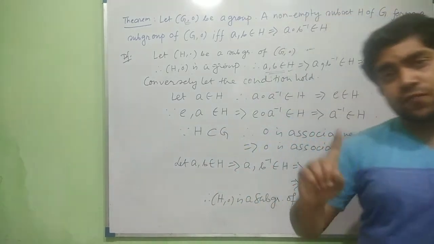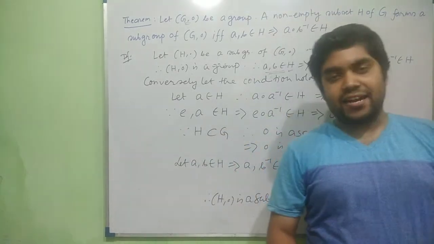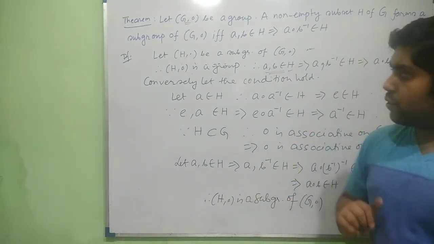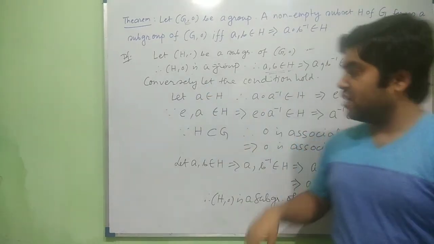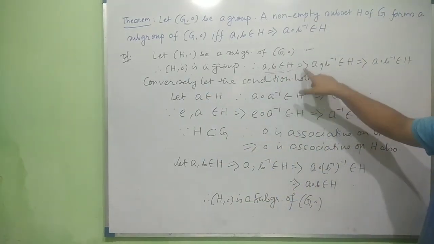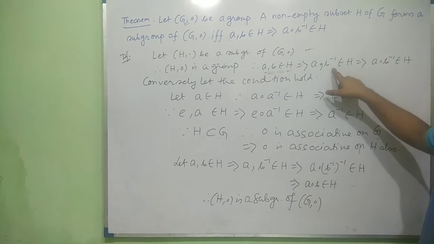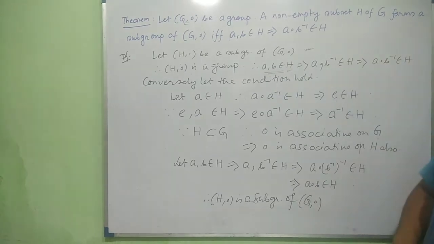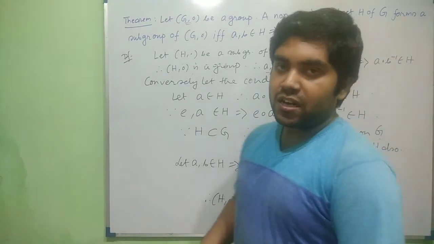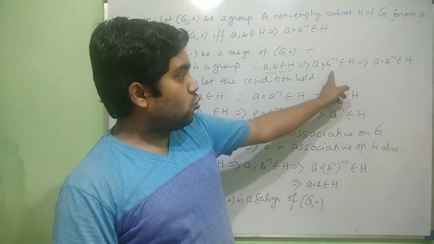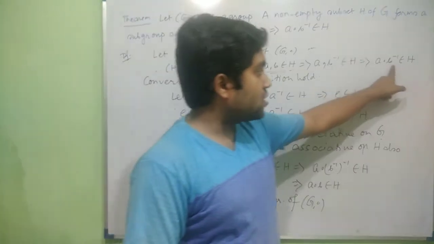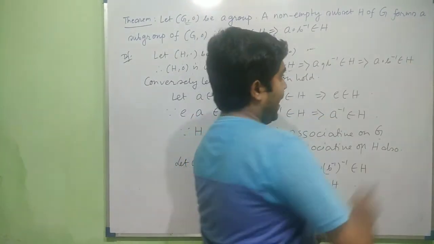Since the inverse of each element is in that particular group H, we must have B belongs to H implies B inverse is also in H. So from that we have A and B inverse in H, and we know that the closure property always holds in a group. So we can conclude that A naught B inverse also belongs to H.